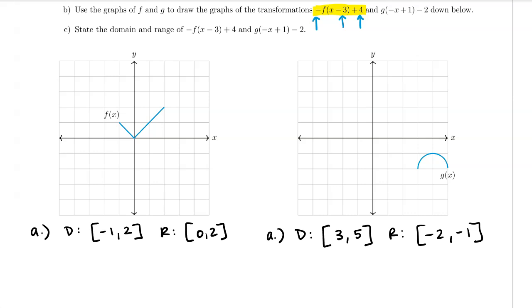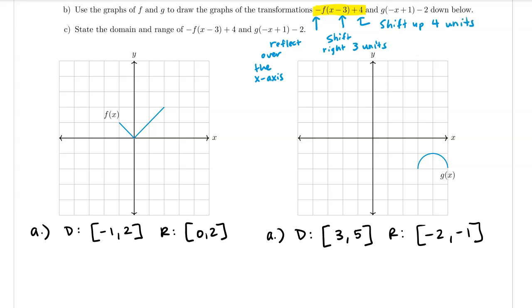So the negative on the outside is a reflection over the x-axis. The -3 on the inside is a shift right 3 units. And then the +4 on the outside of our parentheses is a shift up 4 units.